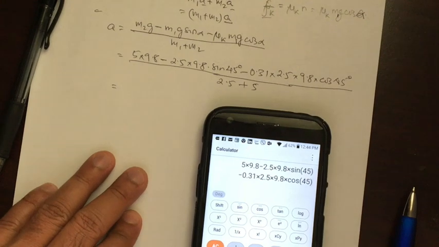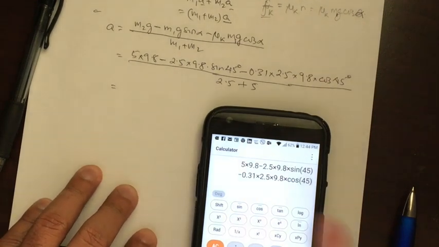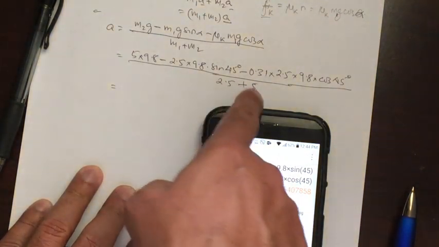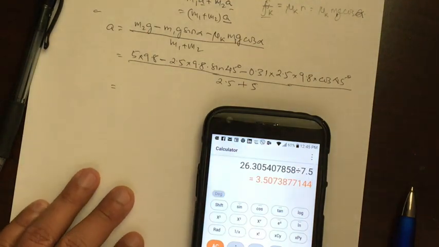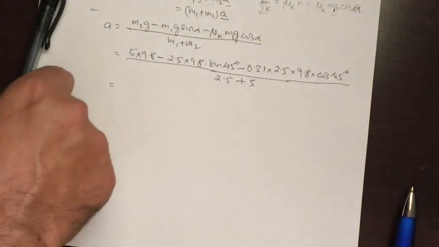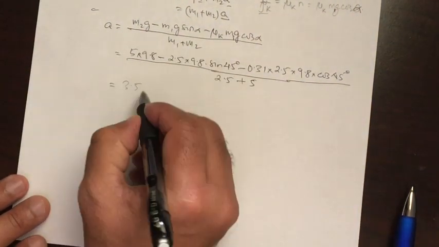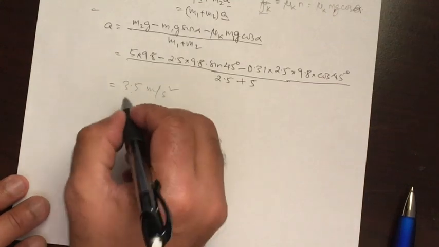So that much, and divided by 7.5. This will give 3.51. So your acceleration is 3.51 meters per second squared.